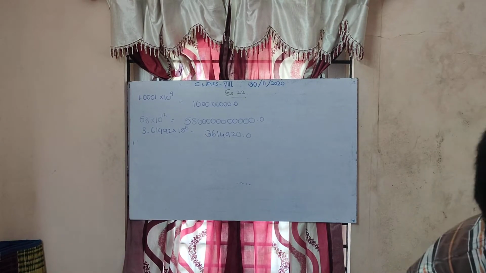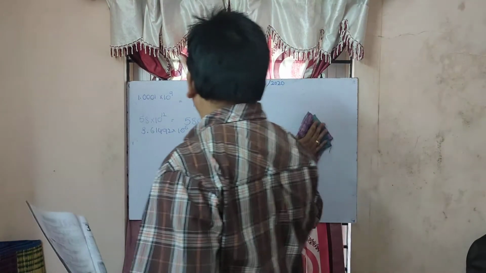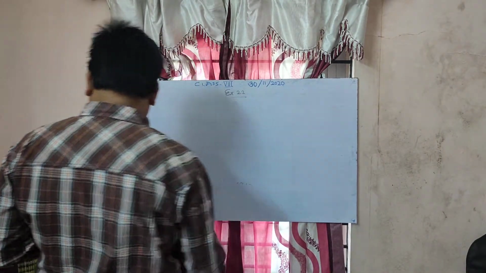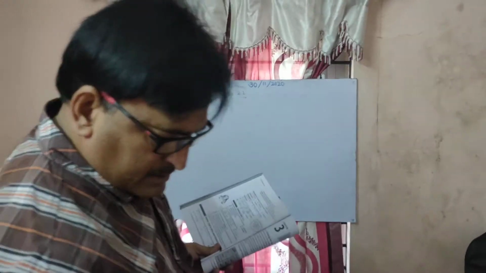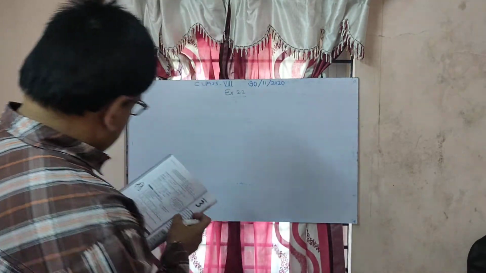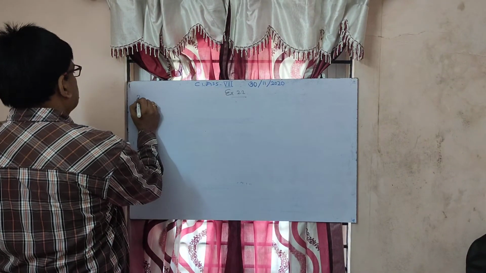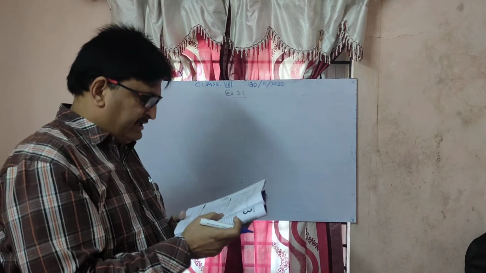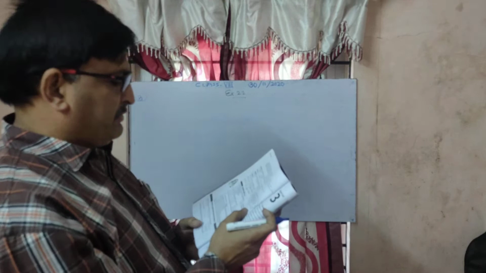Exercise 2.2, third question. Express the number appearing in the following statement in standard form. You have to write in standard form.